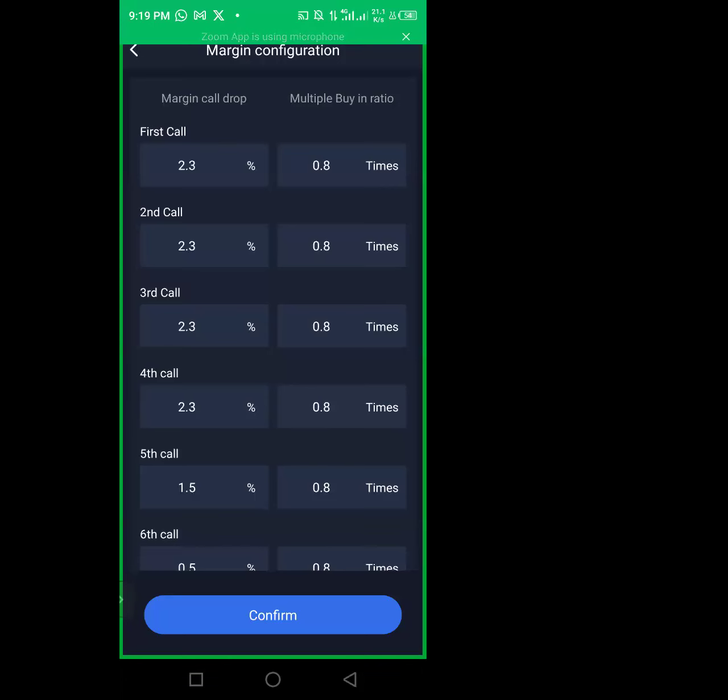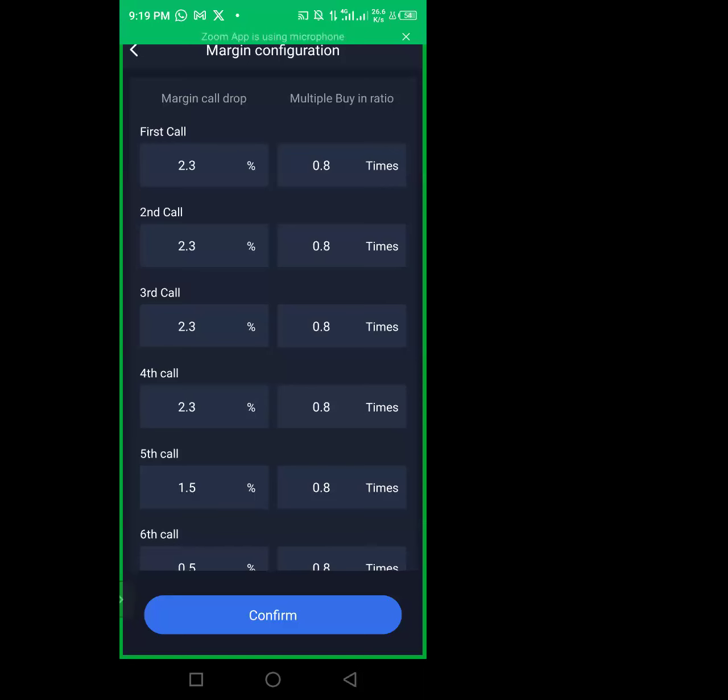Yes, I got it, 9.2. So if this coin now does a massive pump of 20%, and there's a drop of 10%, it will only involve my margin 1 to 4, and I will have to wait until the coin reaches my first buy before it sells these margin 1 to 4.